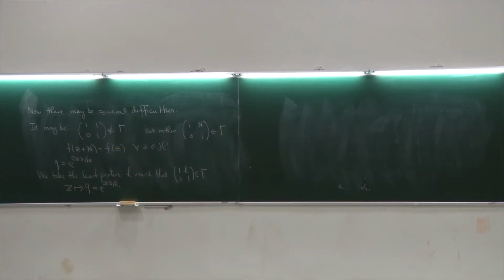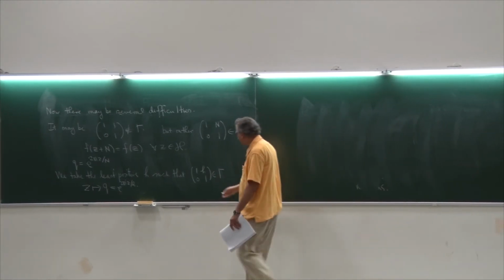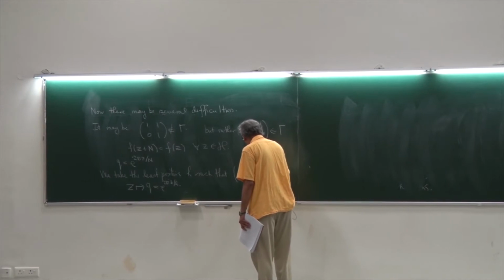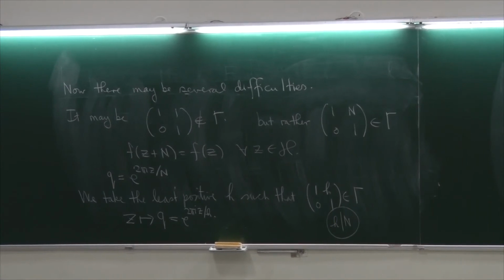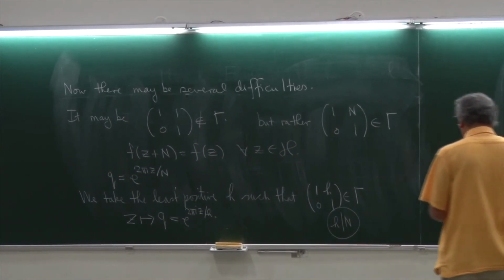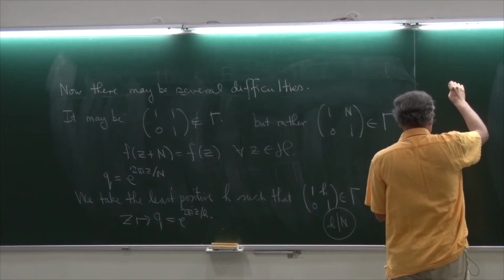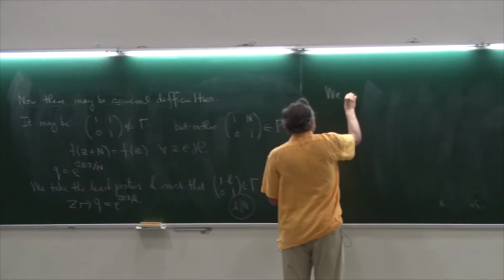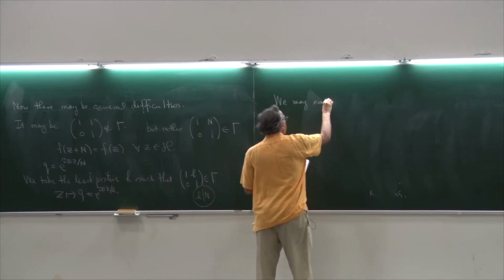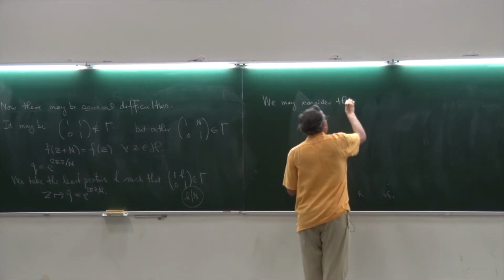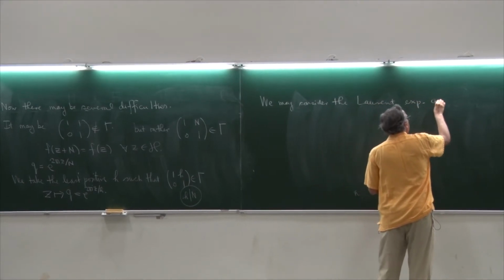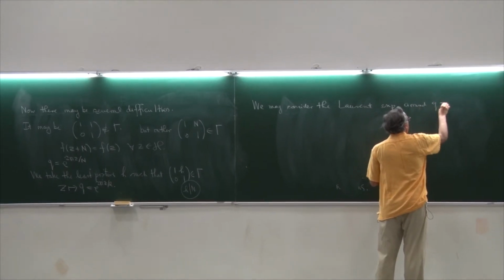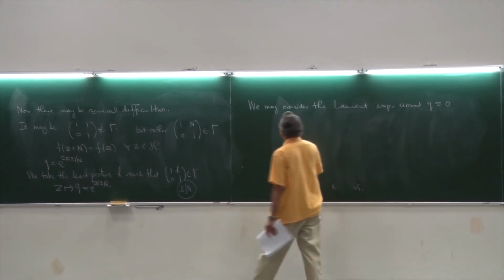Now, this is almost good. One can actually show here that h will divide the level. Such an h will always divide the level, and we consider therefore the Laurent expansion around q equals 0 under this change of variable.